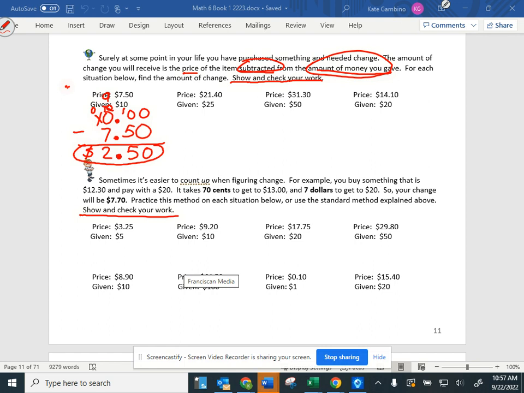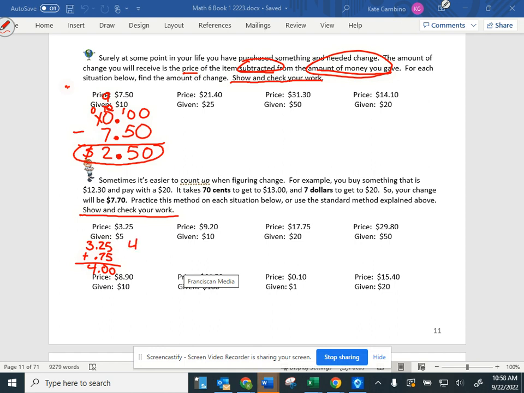So whichever one makes more sense to you. If you say, I know subtracting my given and subtracting it by the price, I got it, I can do that, then do that. But everybody's brain works a little bit differently. Some of us would rather count up because that comes easier for us. So then do the counting up. You could say 3.25 plus 0.75 gives me the $4.